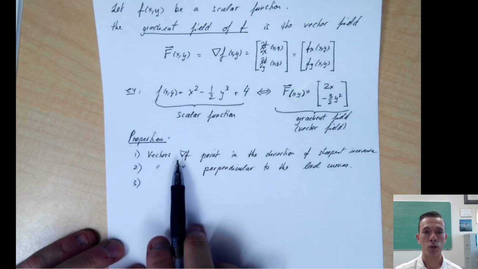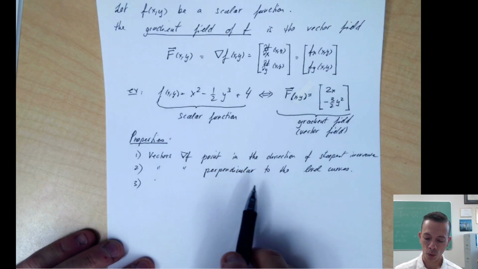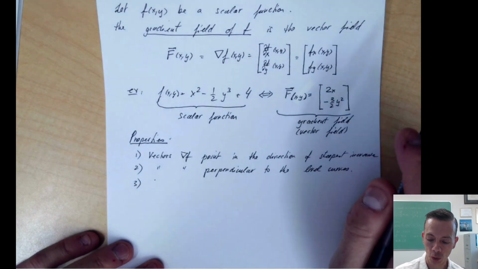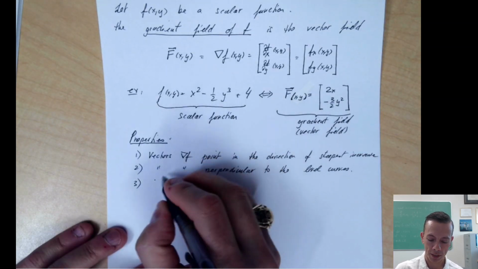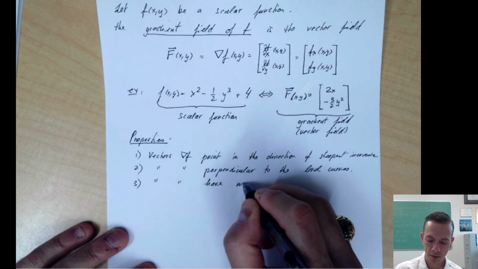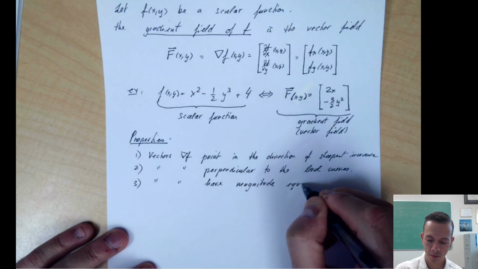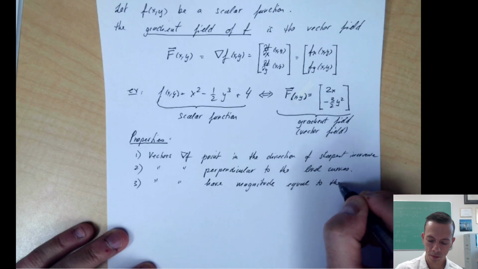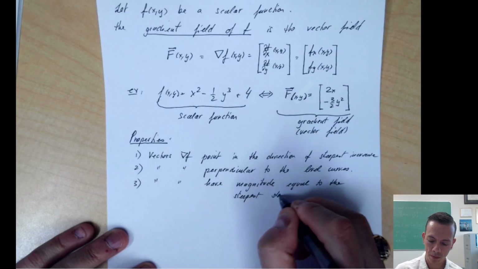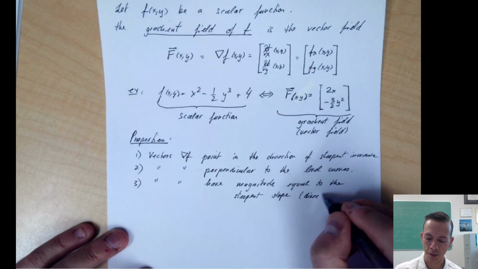And the magnitude of these vectors is equal to the steepest slope, or the steepest directional derivative in the direction of the gradient. So the steepest slope, which is also called the directional derivative.